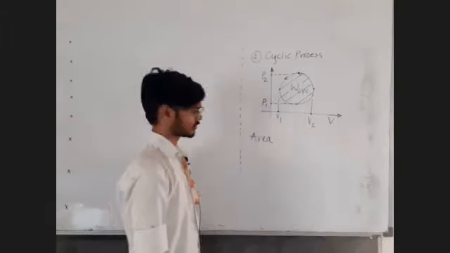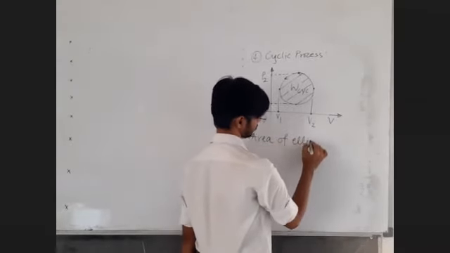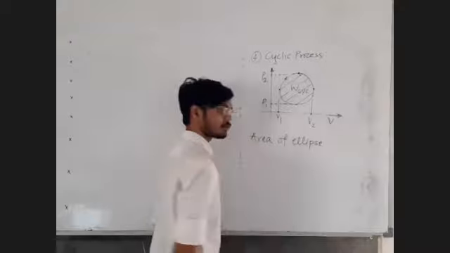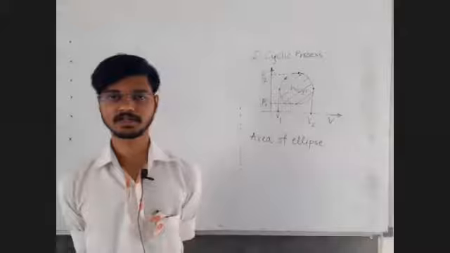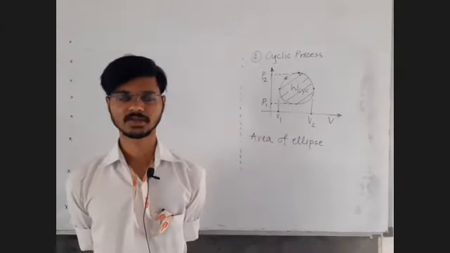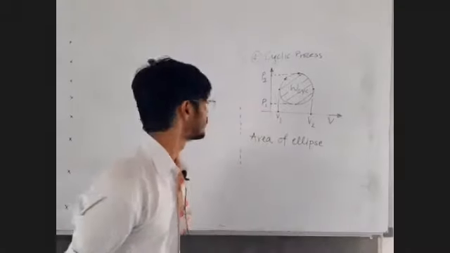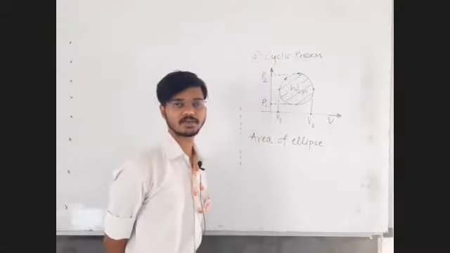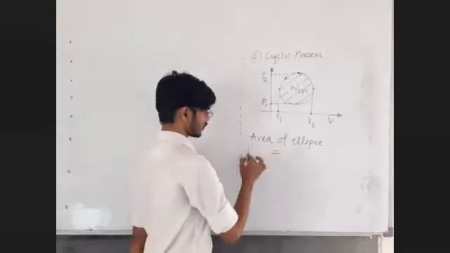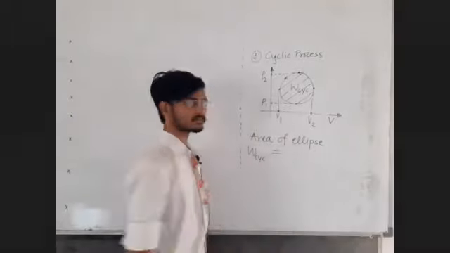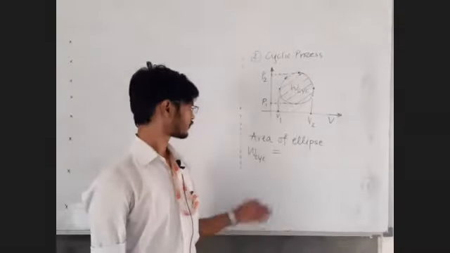What is the area of an ellipse? I'm getting the answers. Good. Anyone else want to answer it? What is the area of an ellipse? This is going to be our work done in the cyclic process.